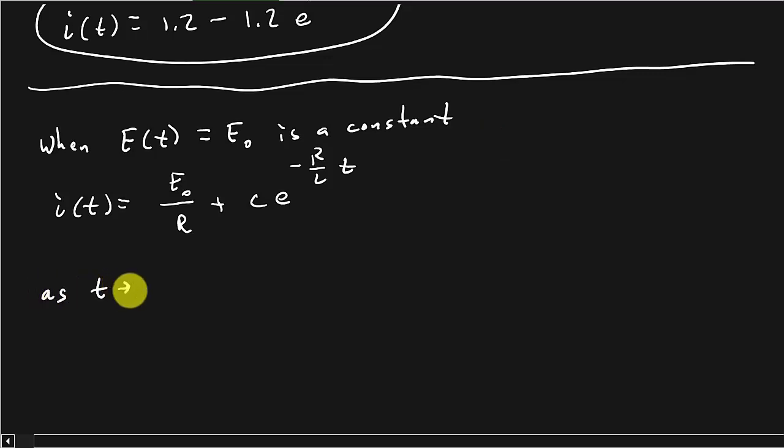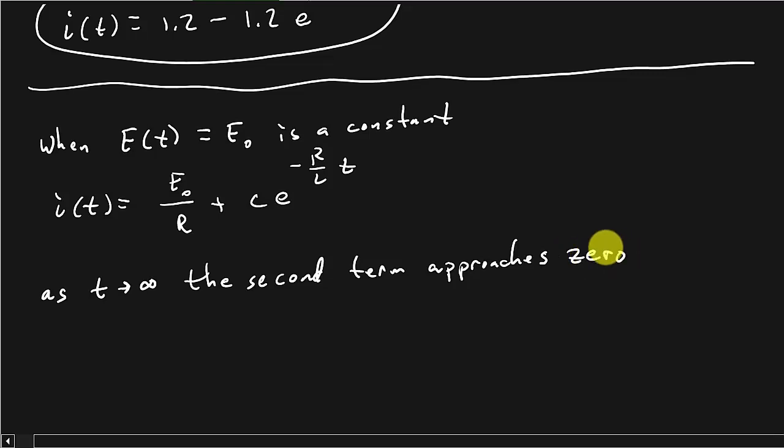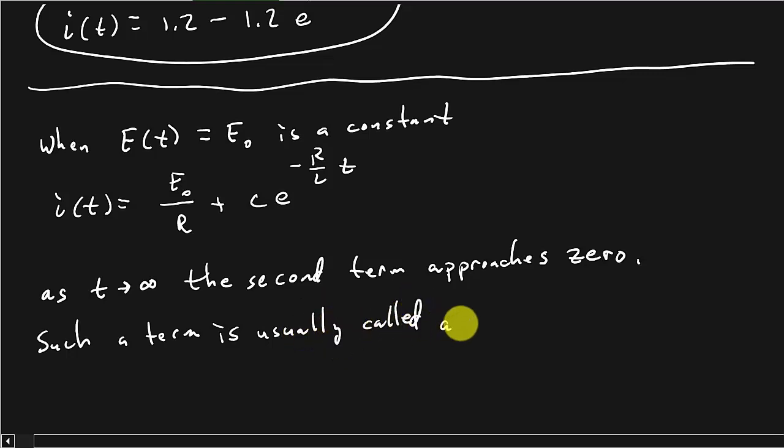And as t goes to infinity, the second term approaches 0. If we take the limit as t goes to infinity, this term here is going to go to 0. And hopefully everybody can see that. Such a term is usually called a transient term.